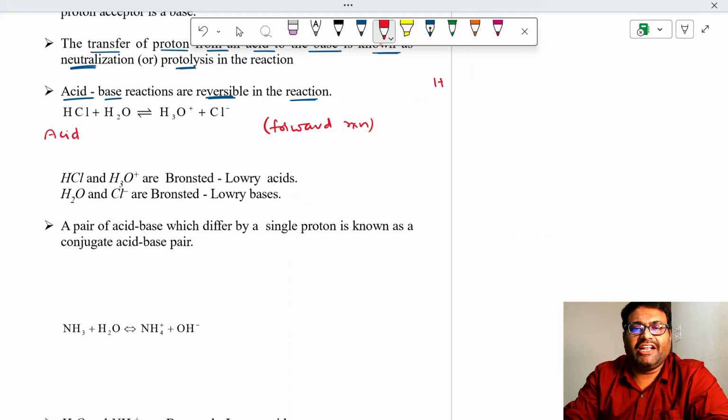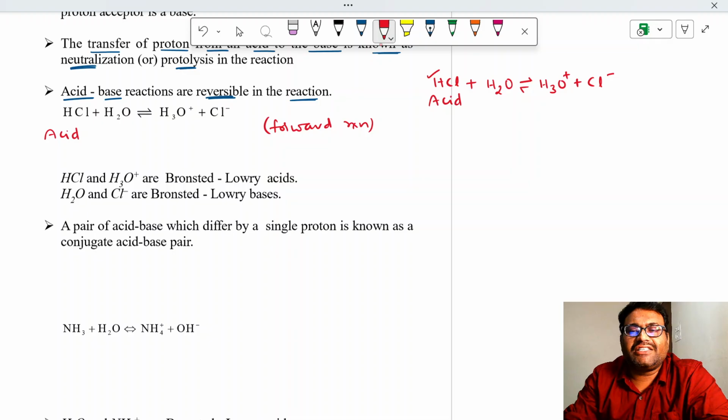HCl gave a proton to H2O, so that HCl is converted into Cl minus and H2O is converted into H3O plus, right? As HCl gave the proton, it is acid. As H2O accepted a proton, this is a base.